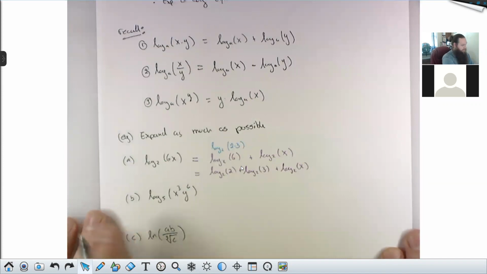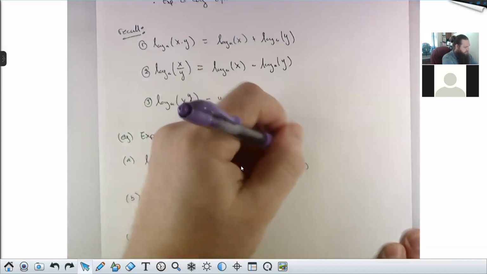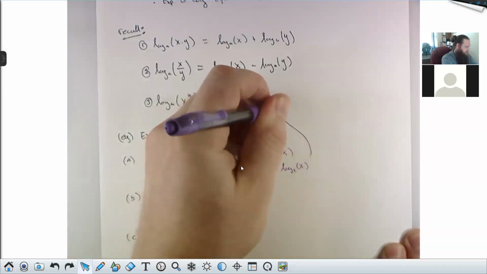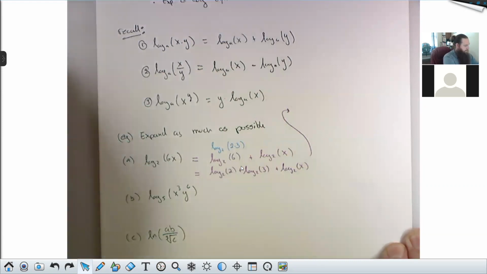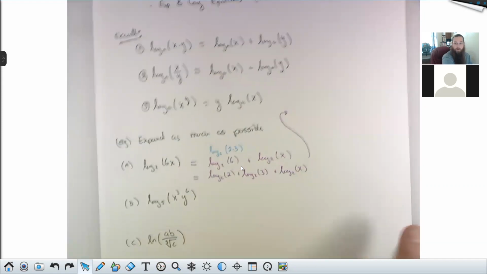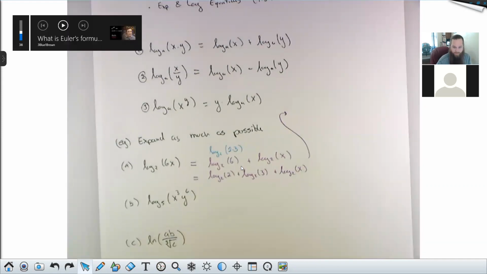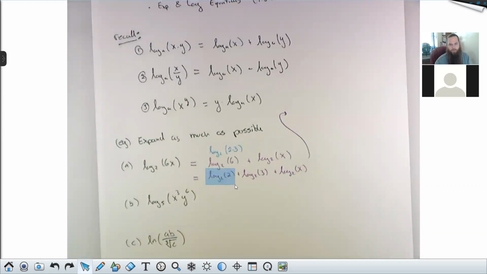And if we're really feeling fancy, what is the base 2 logarithm of 2? What is this first term? Who remembers the verbal question we ask ourselves to evaluate things like this?